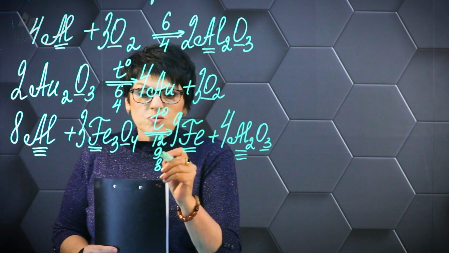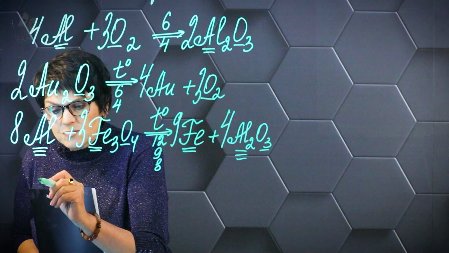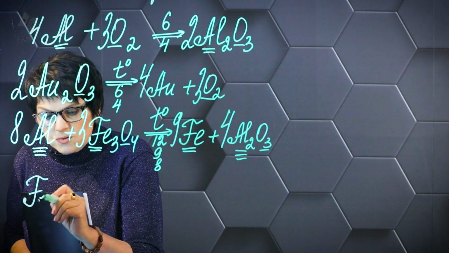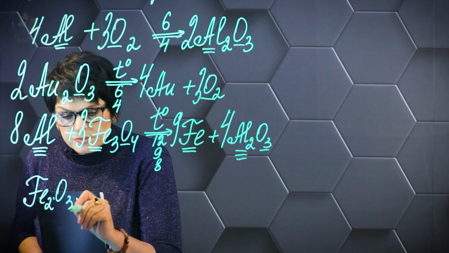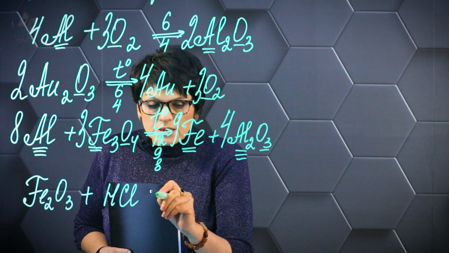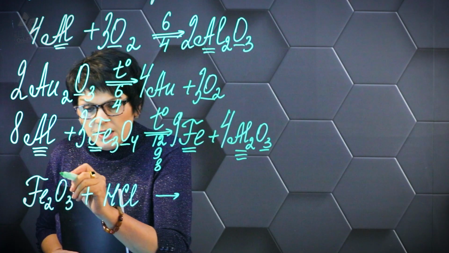The next example, where we will equalize using the least common multiple. So let us examine the interaction that takes place between Fe2O3 and, for instance, hydrochloric acid as a specific illustration. This reaction will be an exchange reaction or a double replacement reaction.